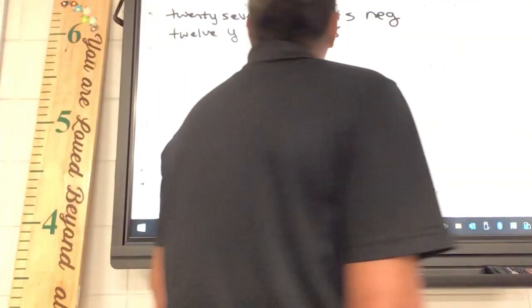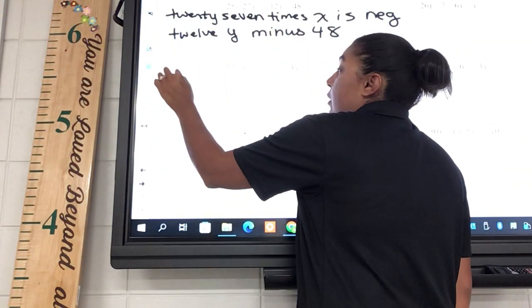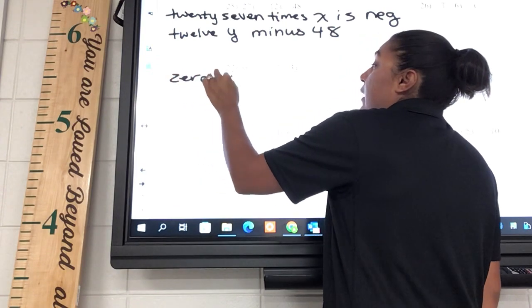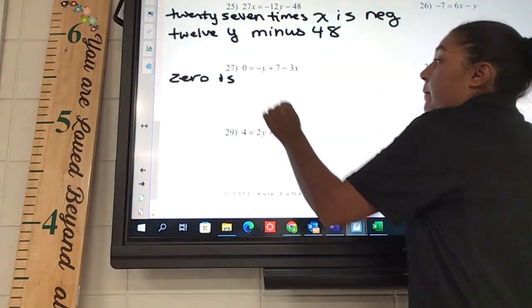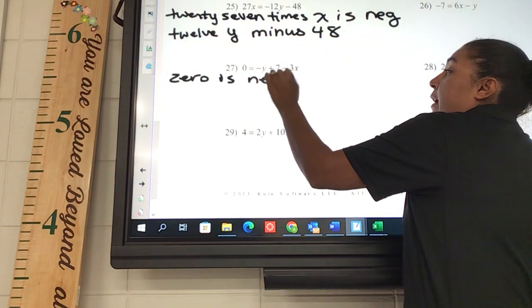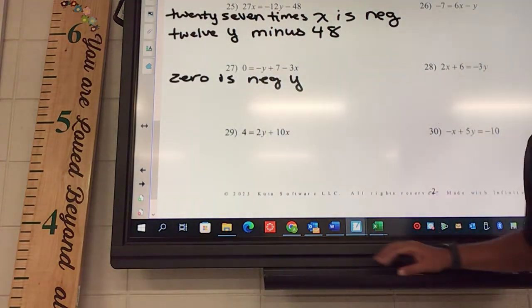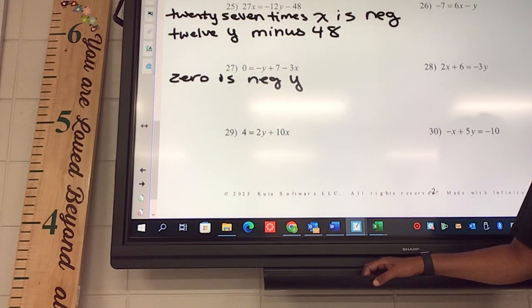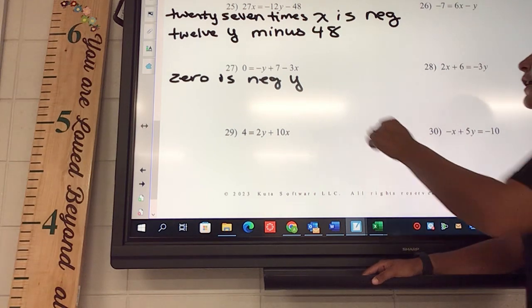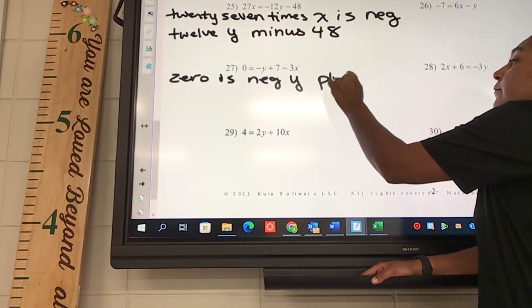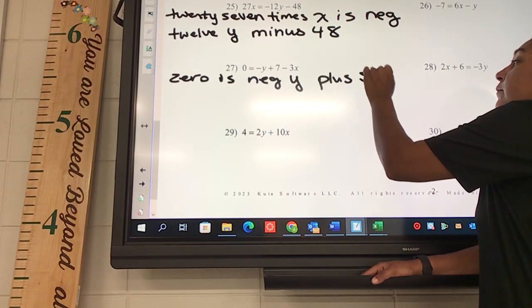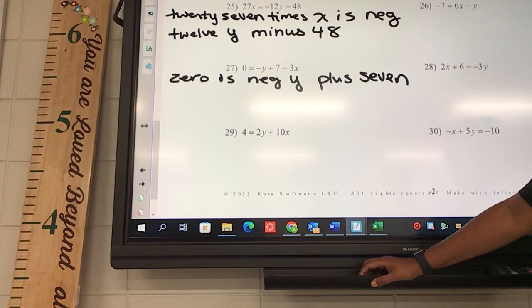Okay, 27. It's going to be 0 is negative y. Then what word am I going to use? Plus 7. Then what? Minus.